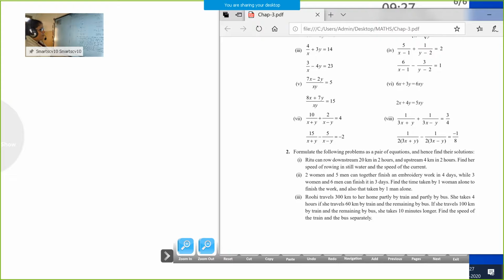Find the time taken by 1 woman alone to finish the work and also that taken by 1 man alone. 2 women and 5 men can together finish the embroidery work in 4 days, while 3 women and 6 men can finish in 3 days. Second condition: find the time taken by 1 woman alone to finish the work and also that taken by 1 man alone. Read the question carefully.